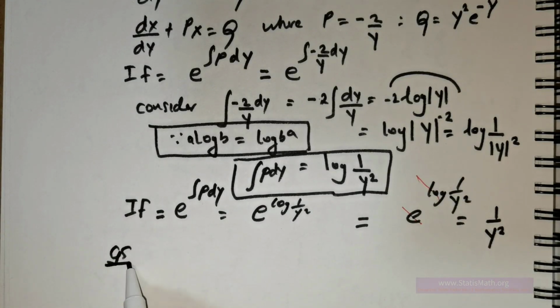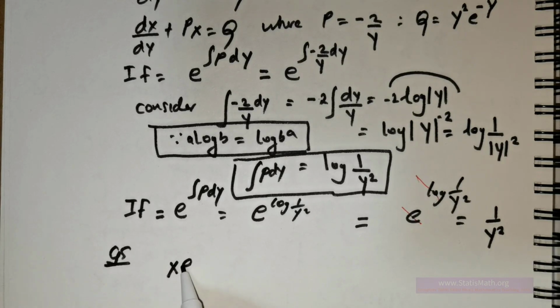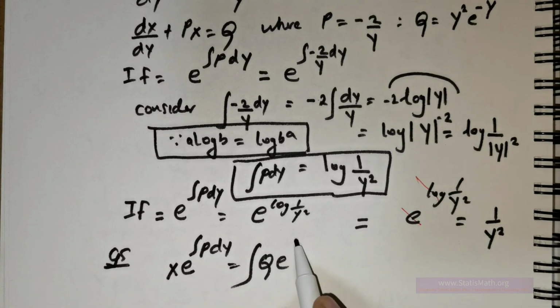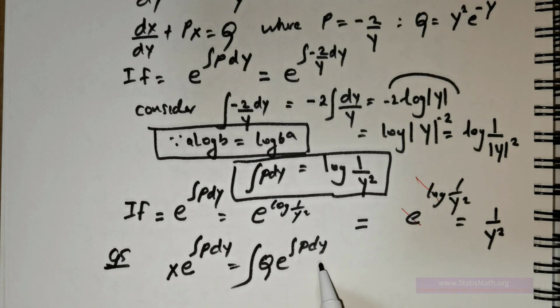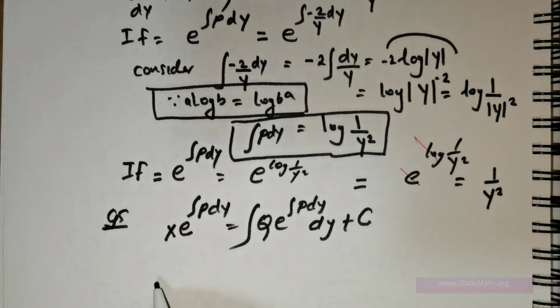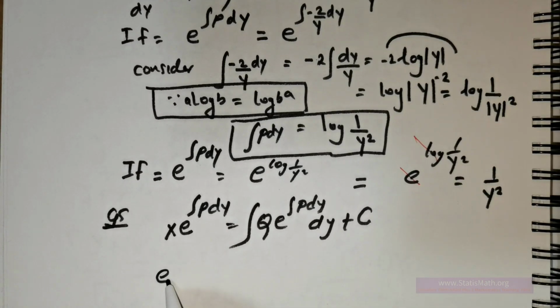Now the general solution is as follows. So we have to start with x times e raised to the power integral p dy is equal to integral q times e raised to the power integral p dy times dy plus arbitrary constant c. Now if we were to make the substitution, we would have obtained something like this.